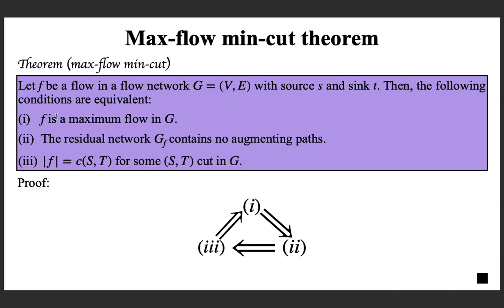So we proved this, and with this we are finishing this lecture, and today we have seen the max flow min cut theorem, which gives us a proof of correctness of the Ford Fulkerson algorithm that we discussed in the last 2 lectures. Thank you.